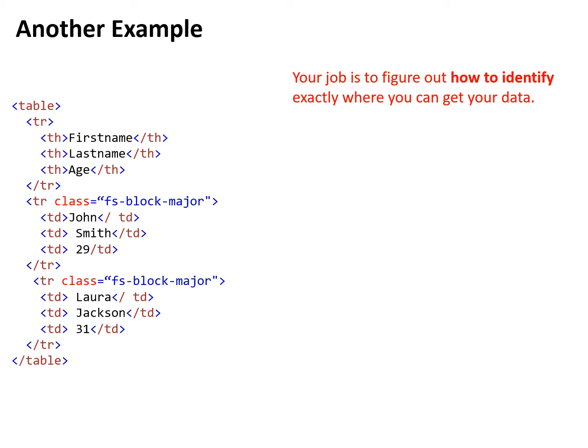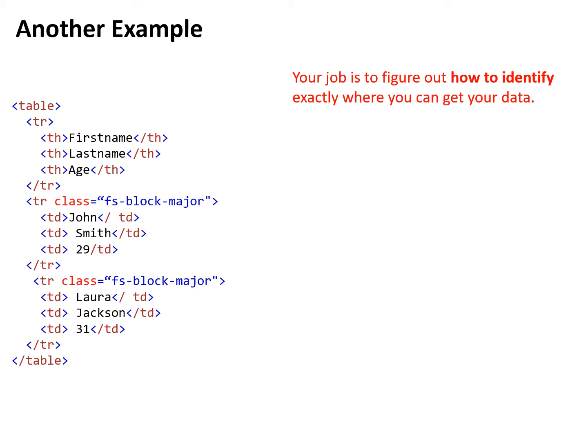And then we might, in our mind, say it looks like the first TD is the first name, the second TD is the last name, and the third TD is the age.